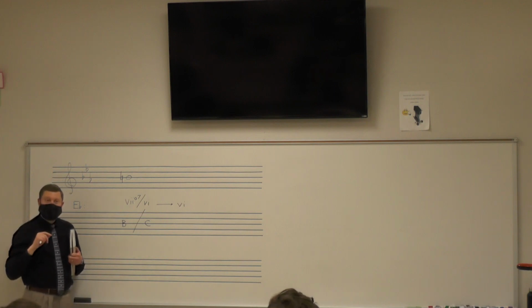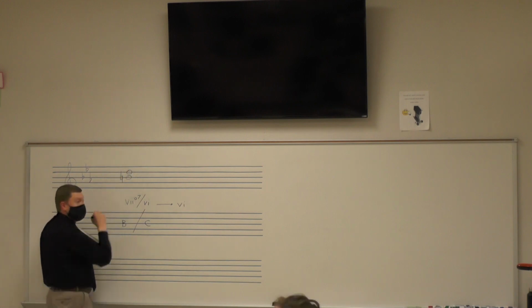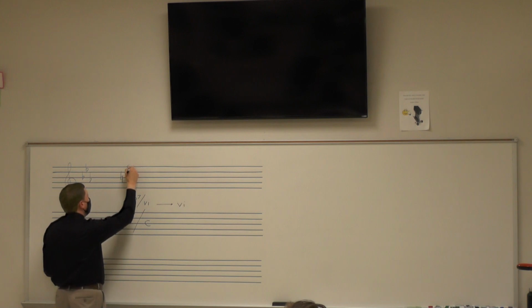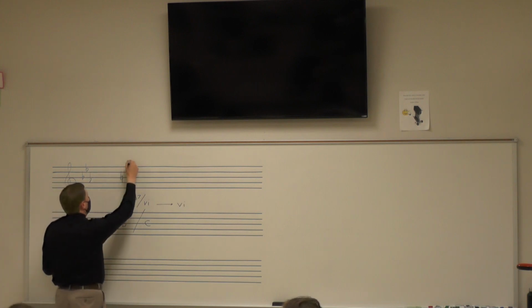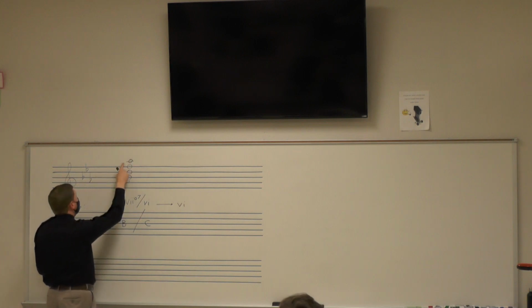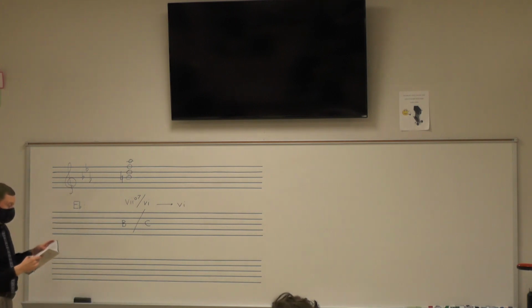Minor thirds, that's right. So a minor third above a B natural is a D. A minor third above a D is an F. And what's a minor third above an F? A flat. And that is in the key signature. D is natural, F is natural. I think that's all I need to do for my final answer.